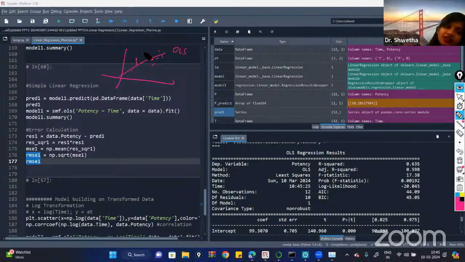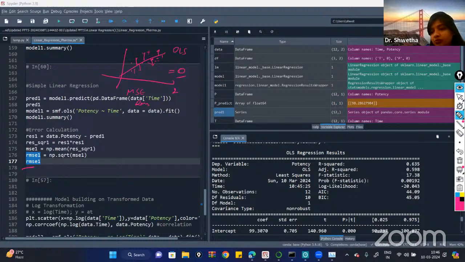If we take the mean of the errors, it might come as 0 because these are positive and these are negative values. Overall, if you take the aggregate value, it might be 0. So we go for other measures. Maybe we square them, but then the value becomes large. So we go for root mean squared error also. There is mean squared error and there is root mean squared error.